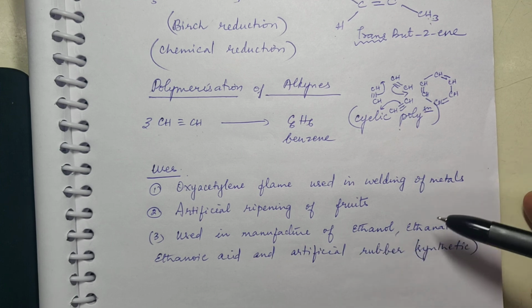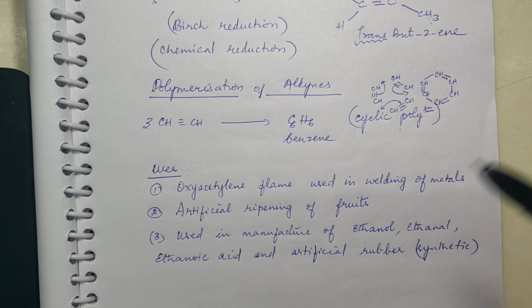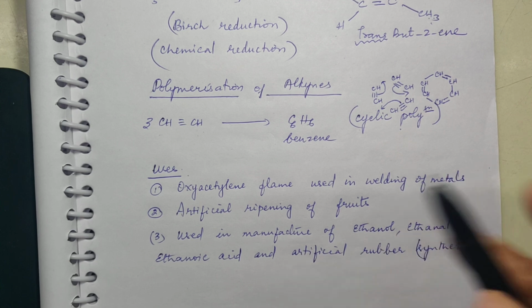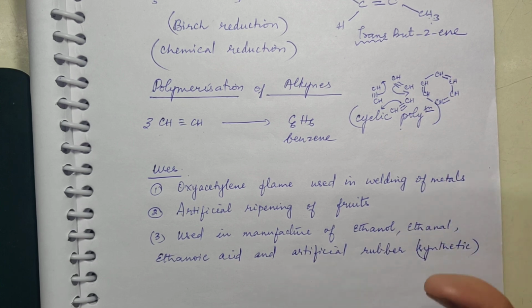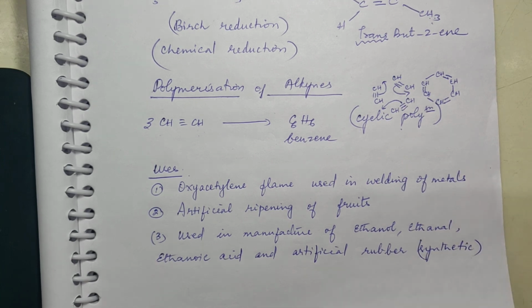Then it is also used in the manufacture of different carbon products, that is ethanol, ethanoic acid, even artificial rubber. Ethyne, alkynes generally are used for this. Now I'll tell you what is meant by oxyacetylene flame. Again, this also I will tell you a little later.